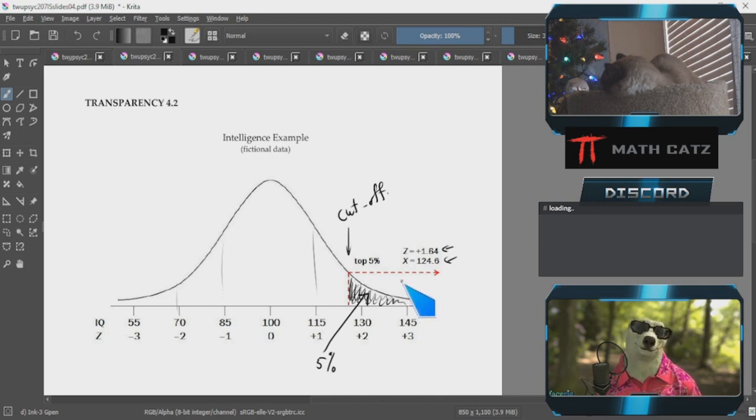So it's much more likely for you to get someone below 124.6. If you just randomly select one selection, and I get an IQ of 140 as my selection, that puts me over here. So we'll call this the observed score.